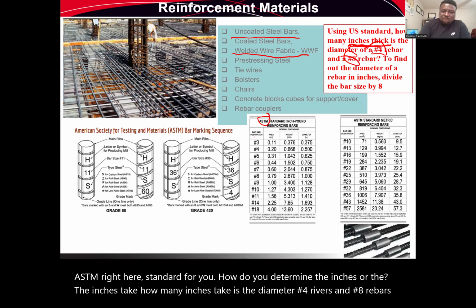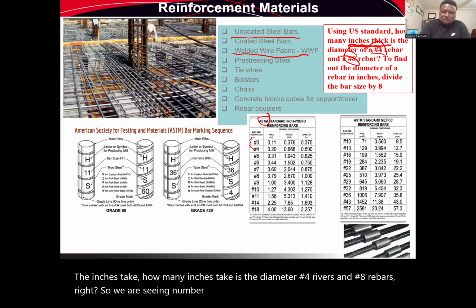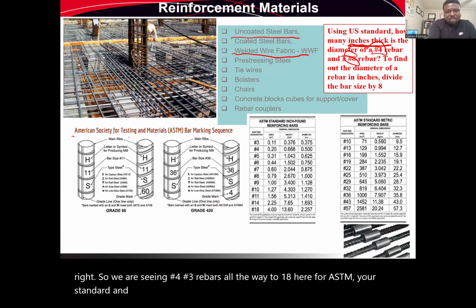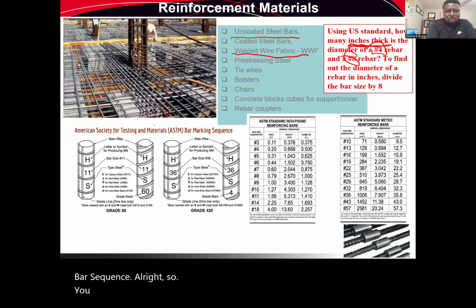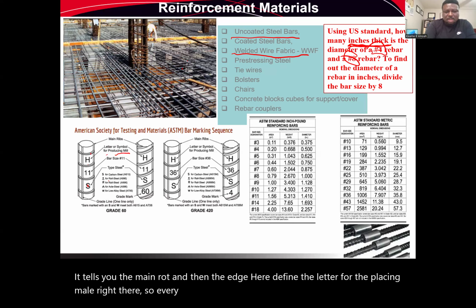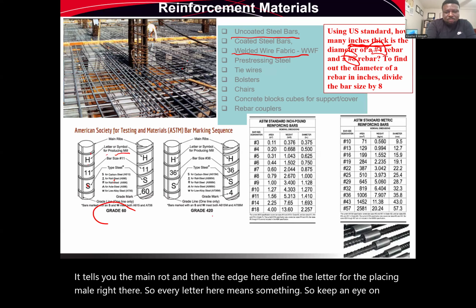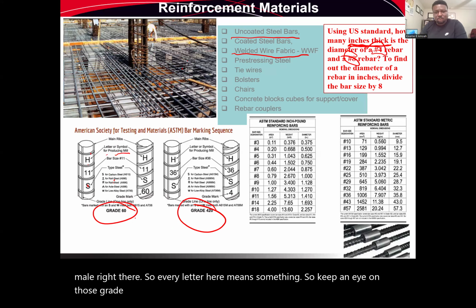So we are seeing number 3, number 4 rebars all the way to 18 for the ASTM standard. ASTM is the American Society for Testing and Materials. You see here it tells you the main rod, and then the letter here defines the placing mill. So every letter here means something. So keep an eye on the grade type of materials for the rebars.